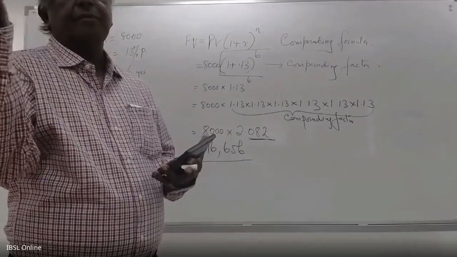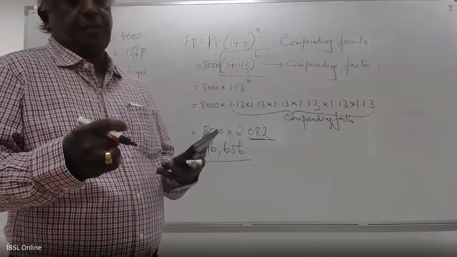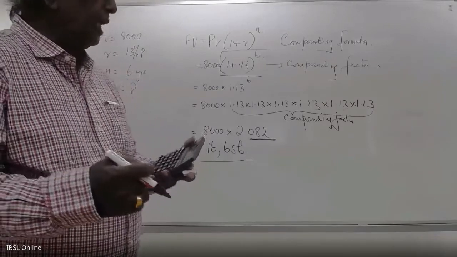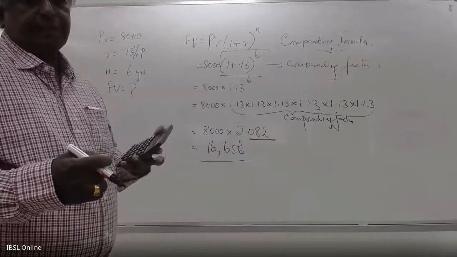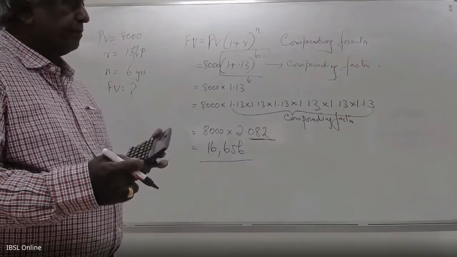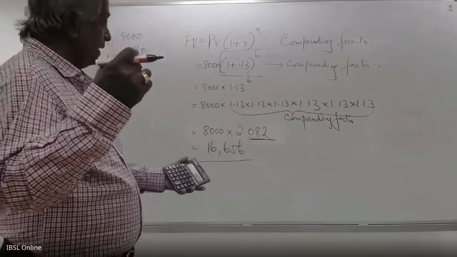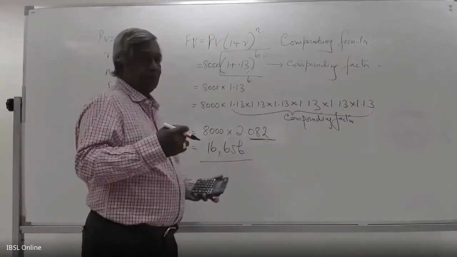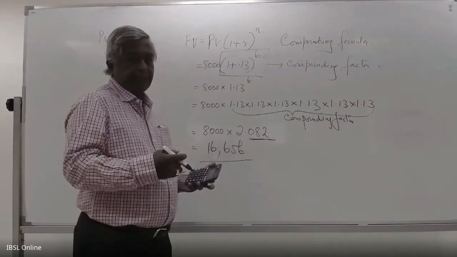The compounding table also depends on the number of decimals. So at least you have to take 3 decimals. When you go for 4 decimals, you may get a slightly different answer, not a big difference, a small difference.